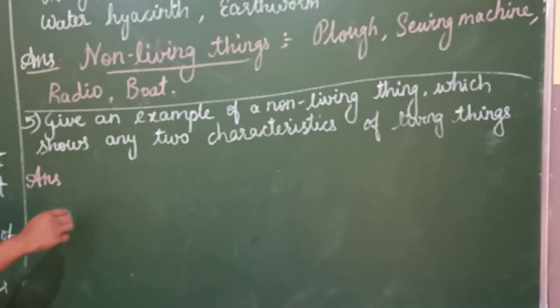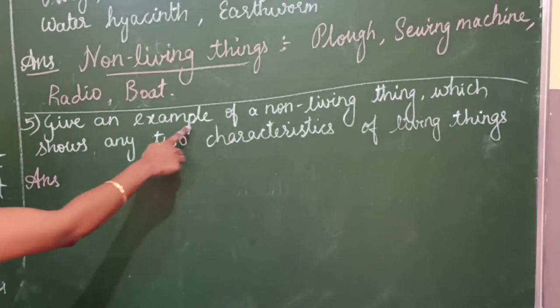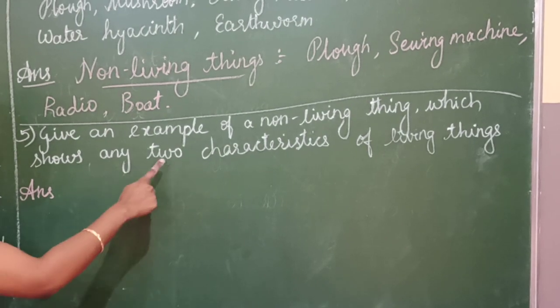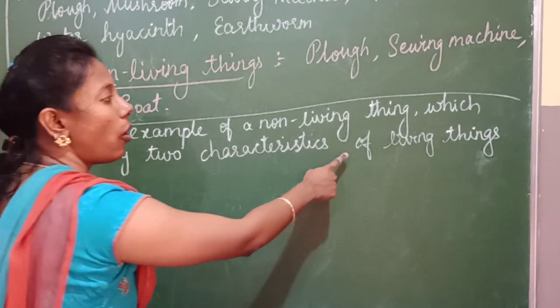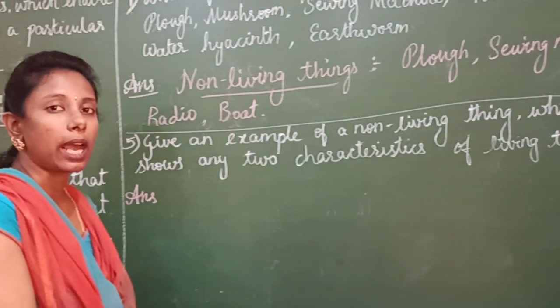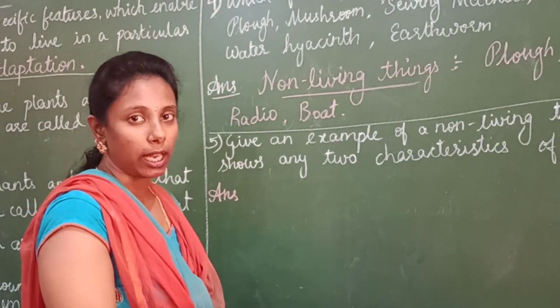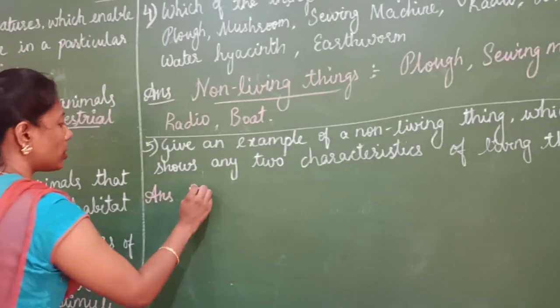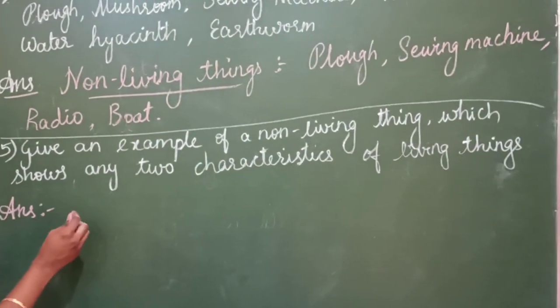Now write down the fifth question. Give an example of a non-living thing which shows any two characteristics of living things. So a non-living thing but shows characteristics of living things. Write down the answer.